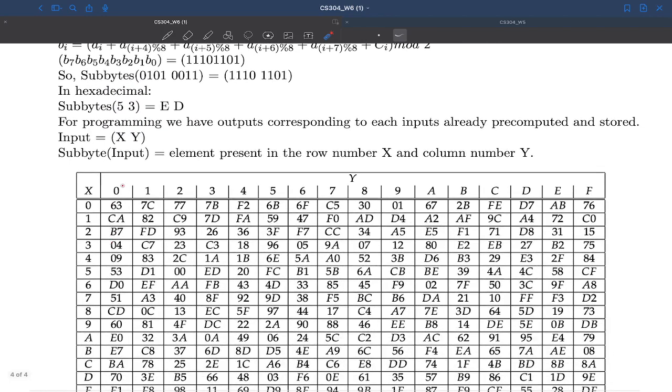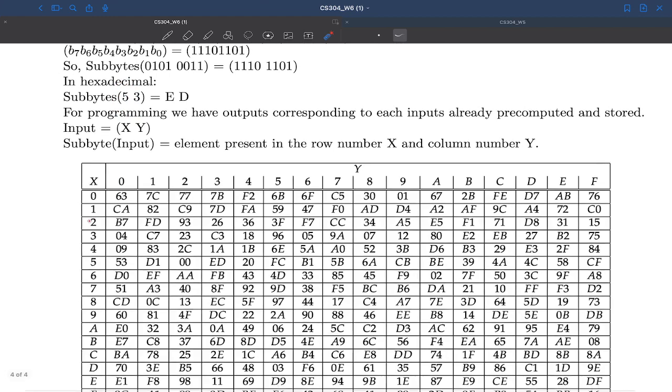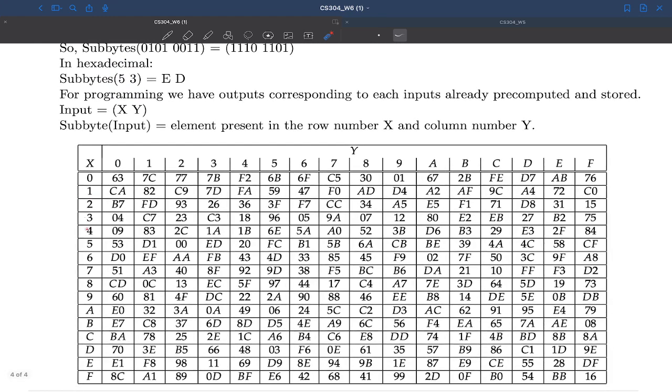Take the first number 5 and go to the row at index 5. Now take the second number 3 and go to the column at index 3. Go to the cell at the intersection of this row and this column. That is ED. So the output of sub-byte for 53 is ED.